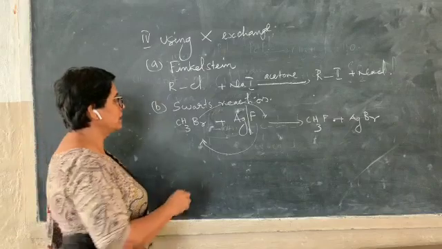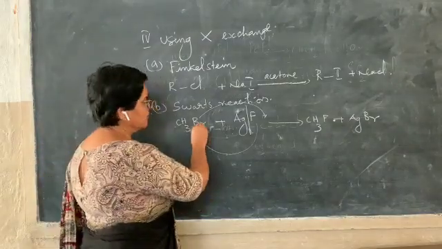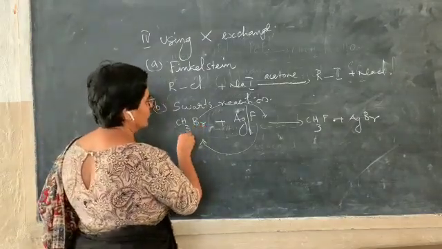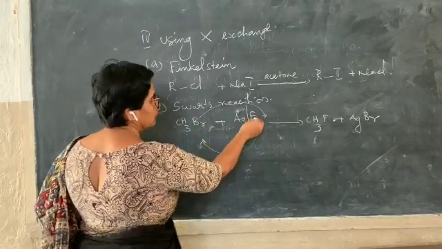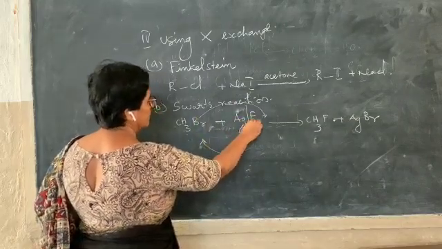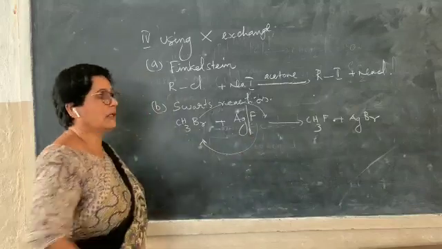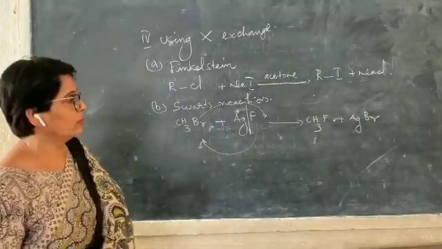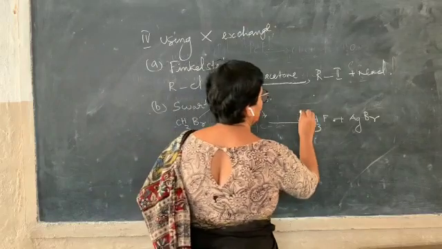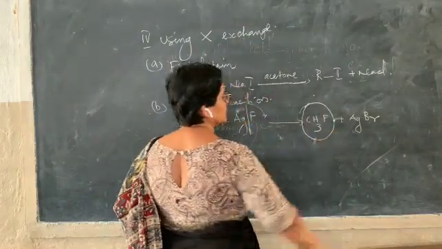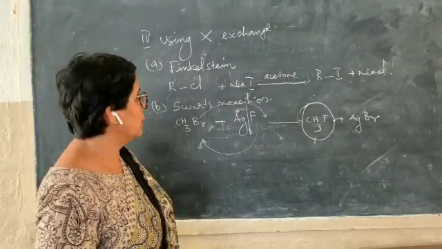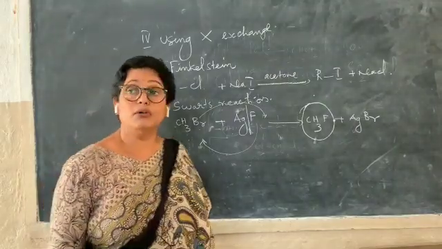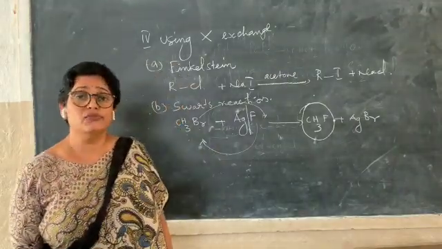So what happened here? The bromine atom from this methyl group attached with the silver and the fluorine atom from silver attached with this methyl group. So anyhow you got one alkyl halide, a haloalkane called fluoromethane or methyl fluoride.